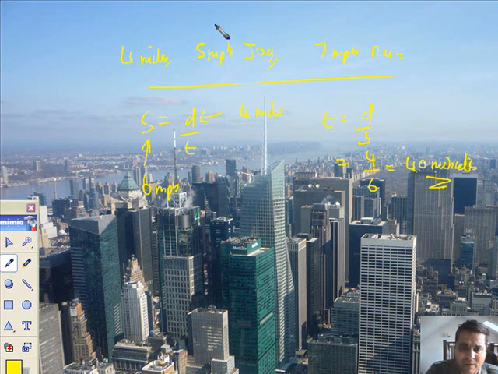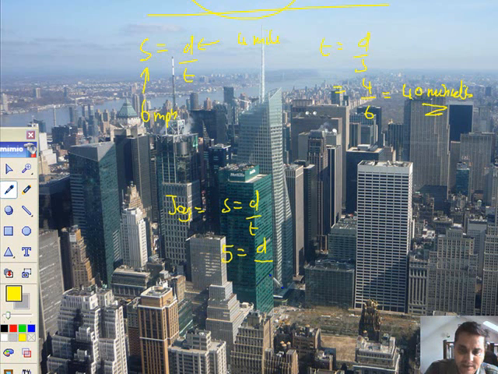So for the first part here, for the jog, we have speed equals distance over time, and she'll be jogging at 5 miles per hour. So 5 equals distance divided by time. Now the time is going to be 20 minutes, in other words, 1/3 of an hour.